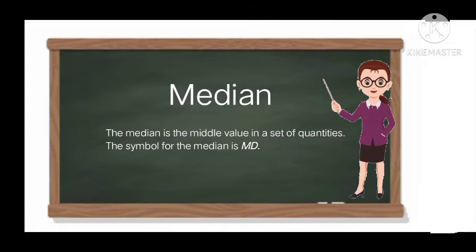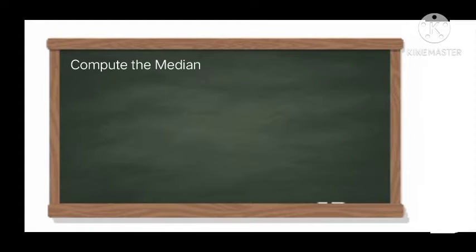Let's proceed to the median. The median is the middle value in a set of quantities. The symbol of the median is MD. To compute the median, we're going to use this formula.